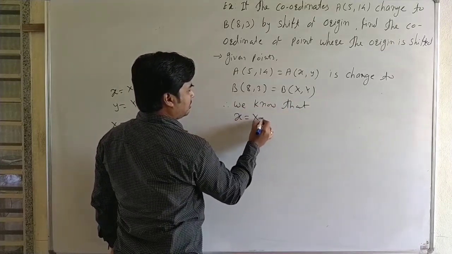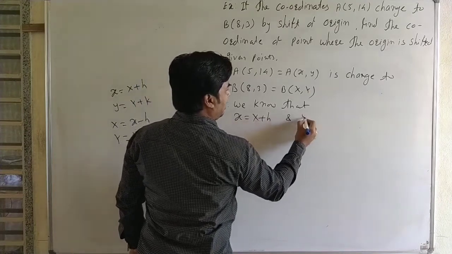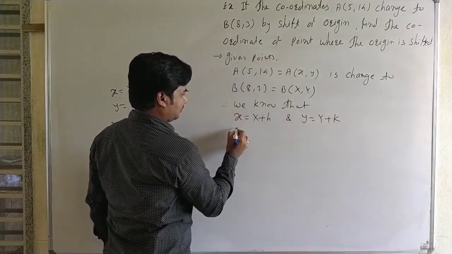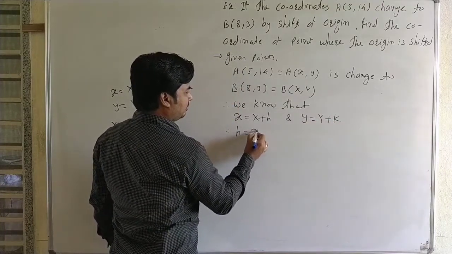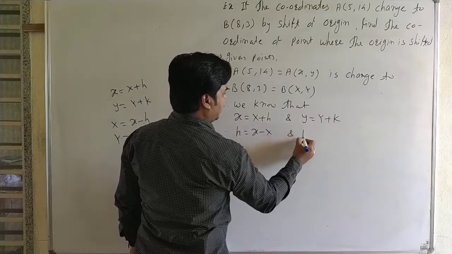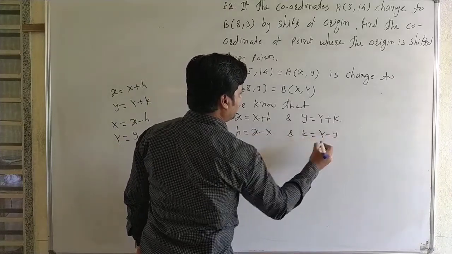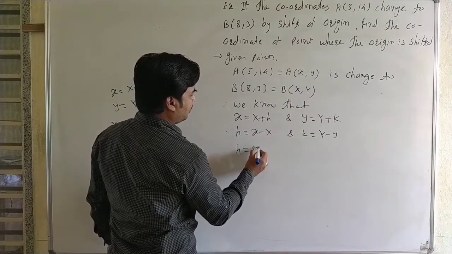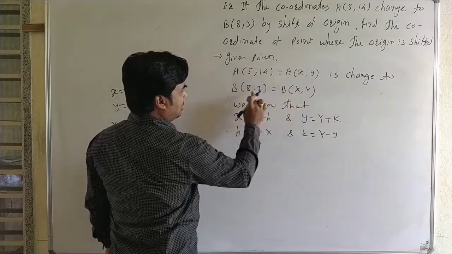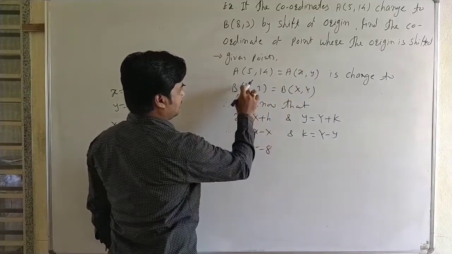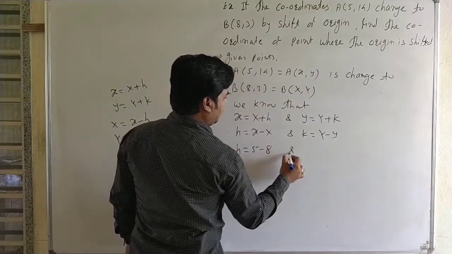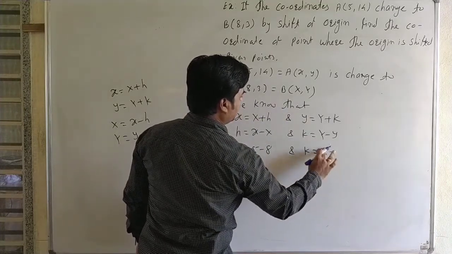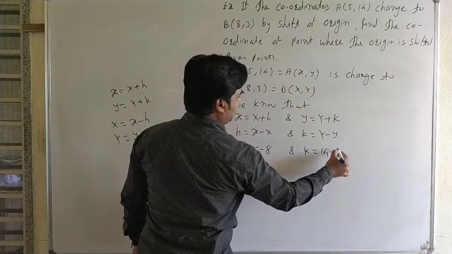Then we know that x is equal to X plus h and y is equal to Y plus k. Therefore h is equal to x minus X and k is equal to y minus Y. Therefore h is equal to 5 minus 8, and k is equal to 14 minus 3.